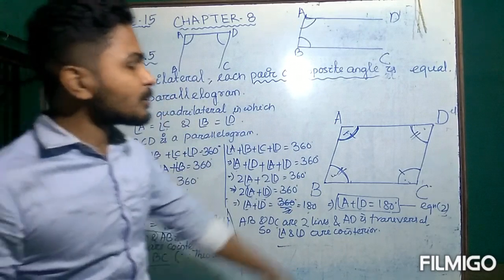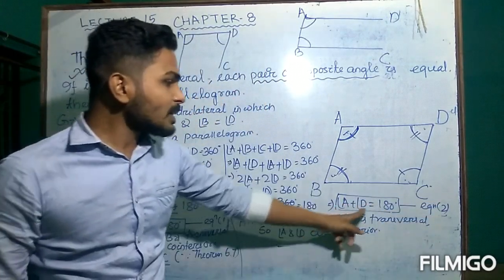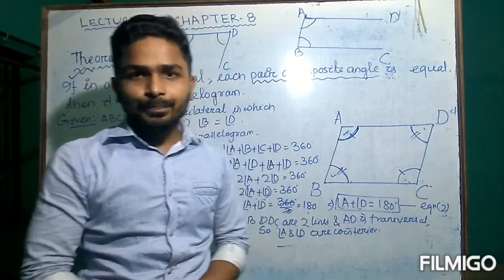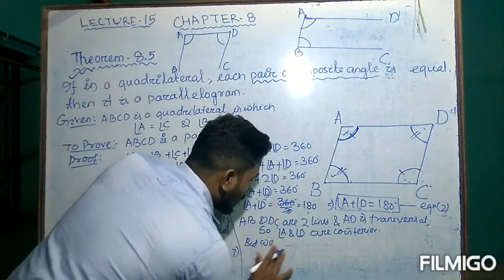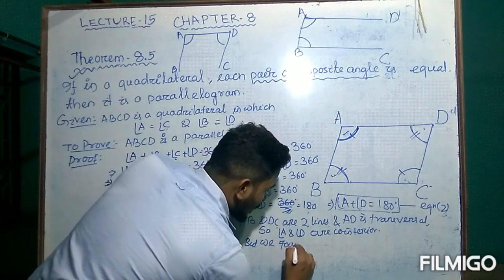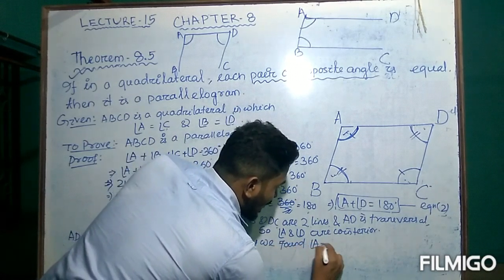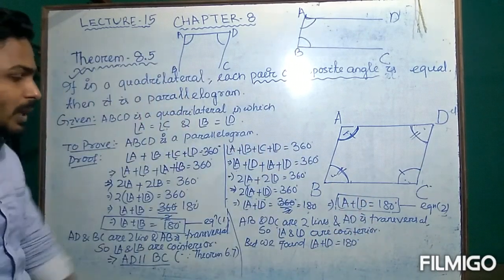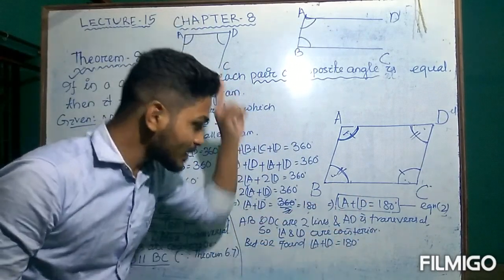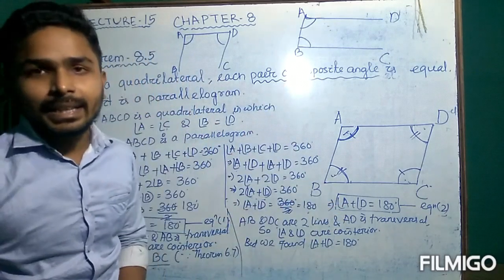But what we have found in equation 2 is that A plus D is equal to 180 degrees. That means the sum of two co-interior angles is 180 degrees.